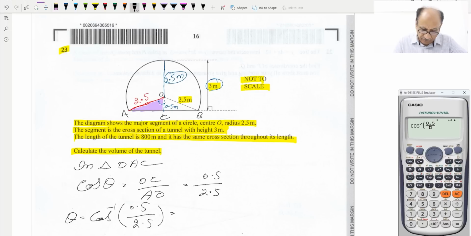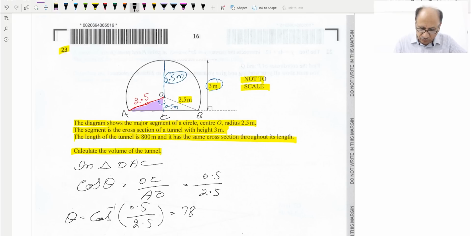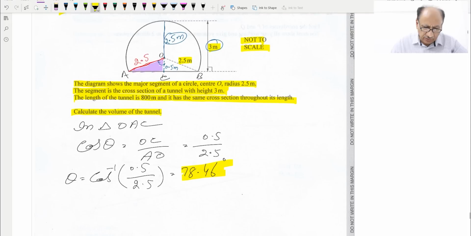Using the calculator, shift cos of 0.5 over 2.5, bracket close, is equal to 78.46 degrees. This 78.46 degrees is angle AOC, but we need angle AOB.